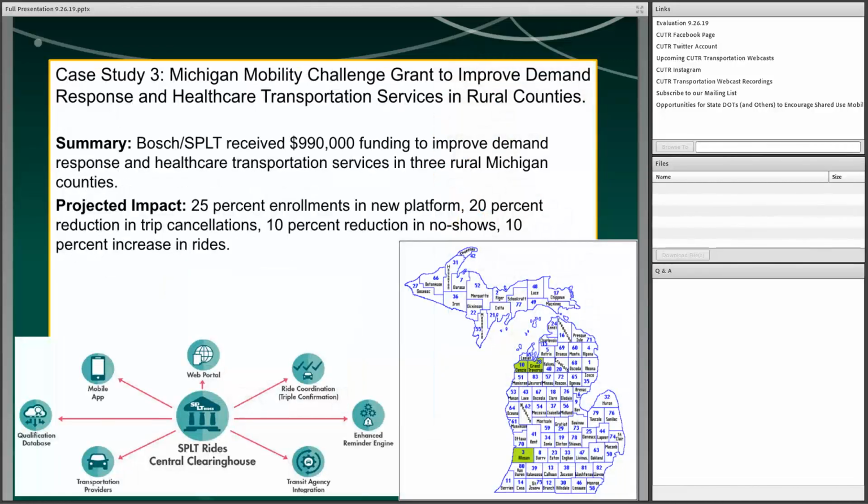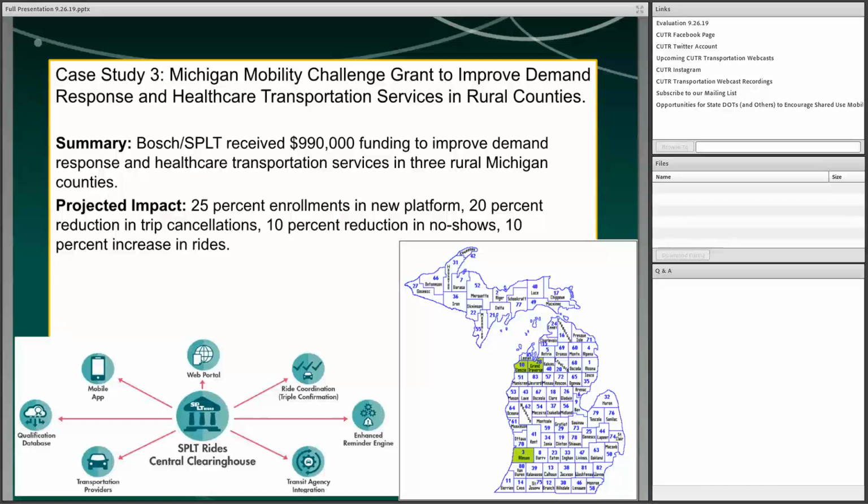Going into the next case study, we investigated the Michigan Mobility Challenge grant to improve demand response and healthcare transportation services in rural counties. Bosch acquired Split, so I'll be referring to it as Bosch/Split.